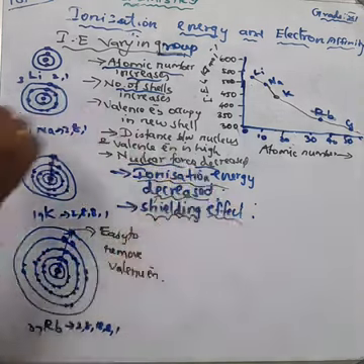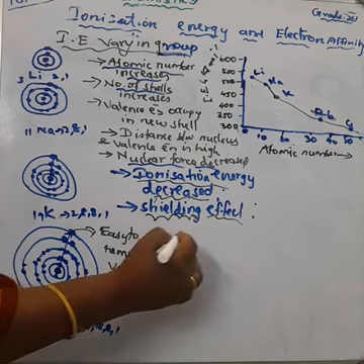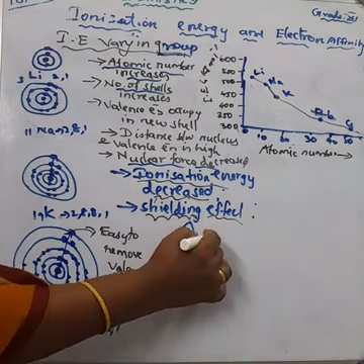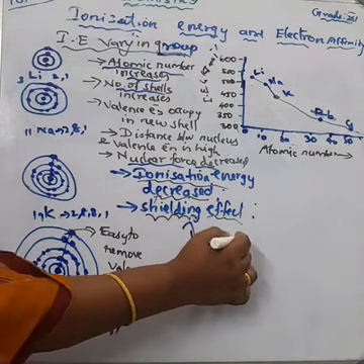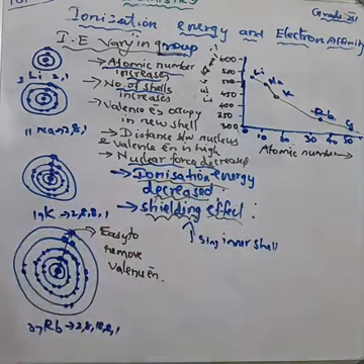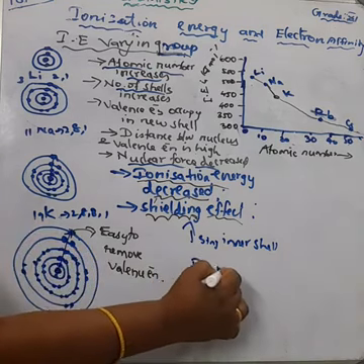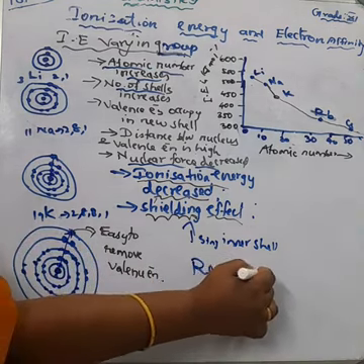One important factor is the shielding effect. Shielding effect means that when the number of inner electrons and inner shells increases, there is repulsive force between the inner shell electrons.